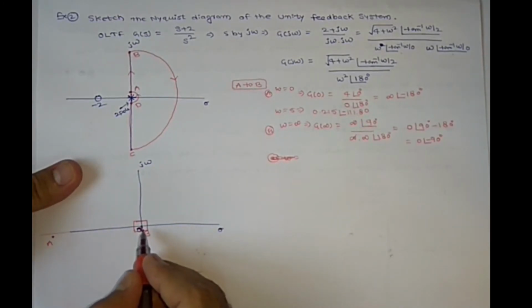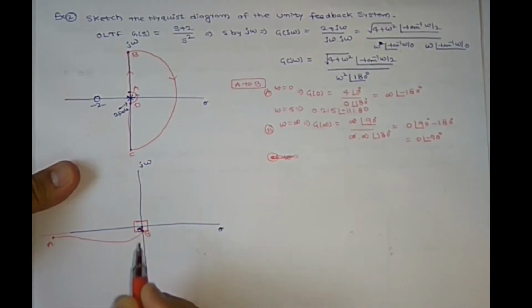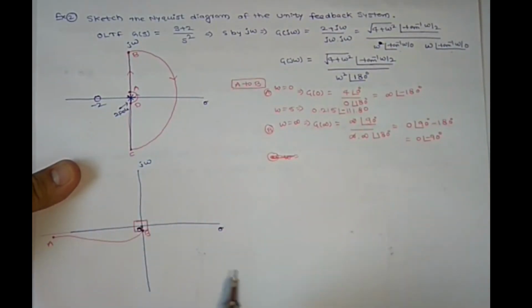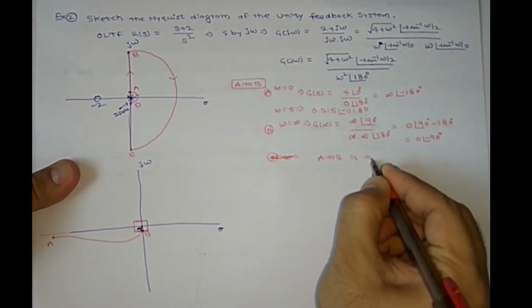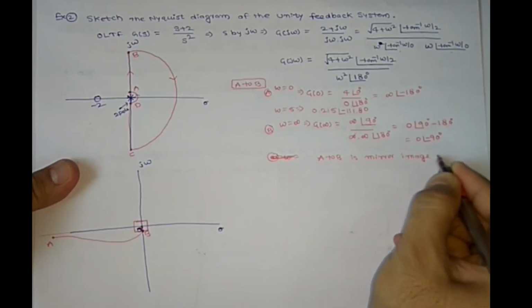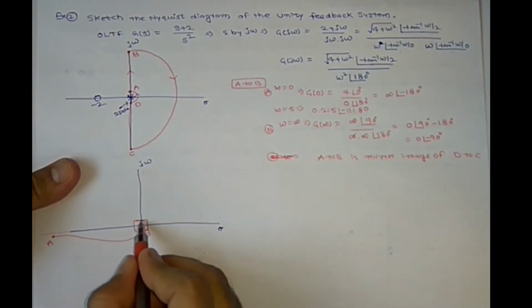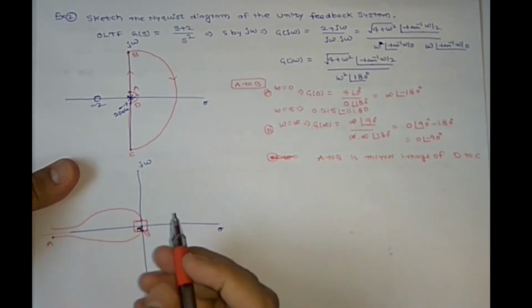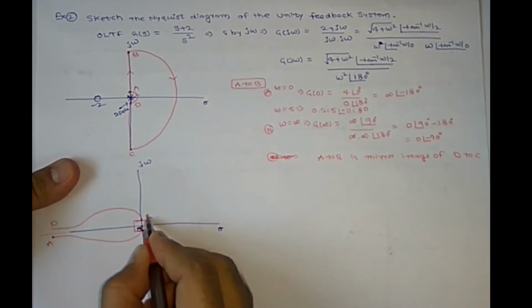At 5 you are getting this, so if you draw like this you will reach here. Okay, A to B is the mirror image of D to C. So here it will be like this, this is D and this is C.